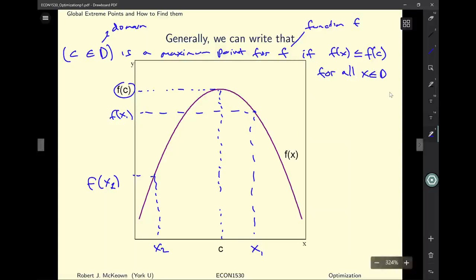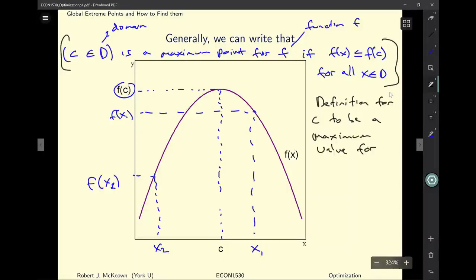So this is the definition for C to be a maximum value for f.